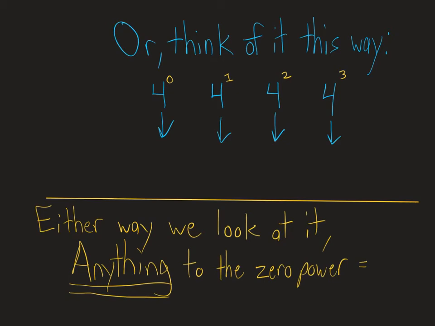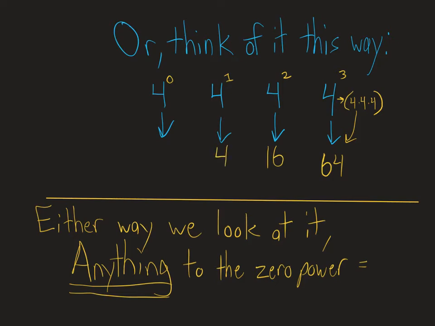Okay, here's another way we can look at it. 4 to the 3rd is 64. Remember that that's 4 times 4 times 4. Okay, and if I multiply that out, I get 64. 4 squared is 4 times 4, 16. 4 to the 1st power, that's just 4.